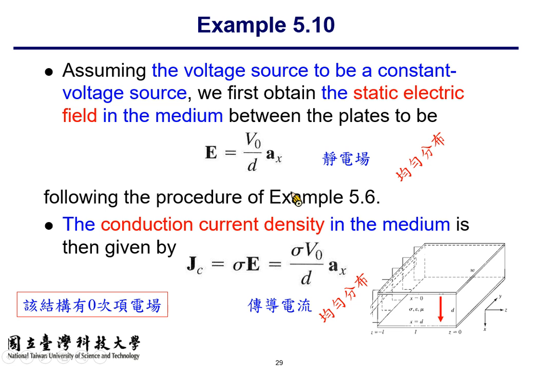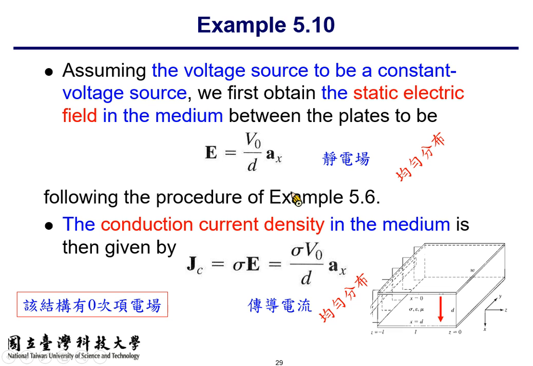And because the conductivity of the dielectric slab is non-zero, you also have conducting current, JC, due to the presence of electrical field.